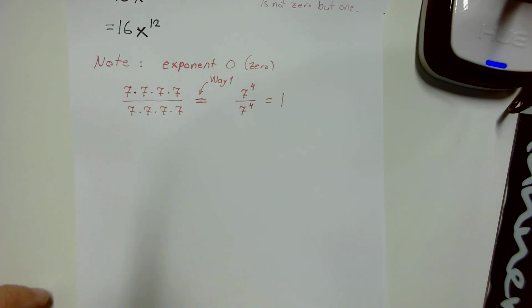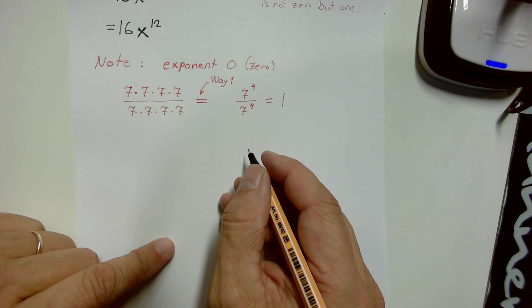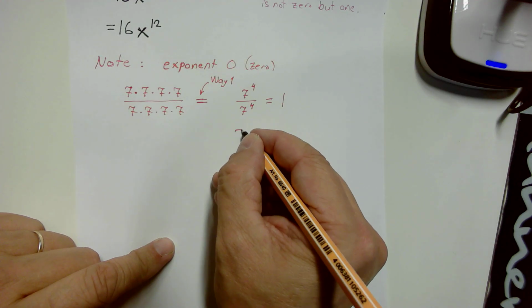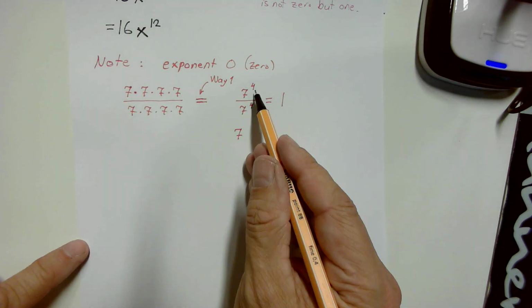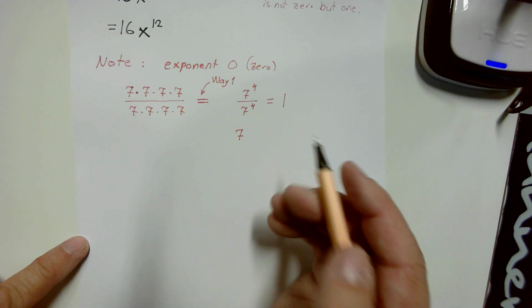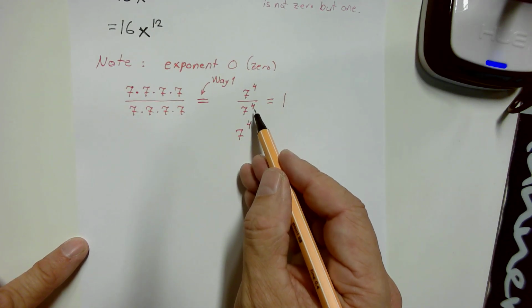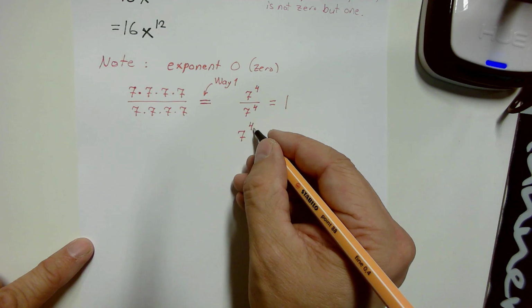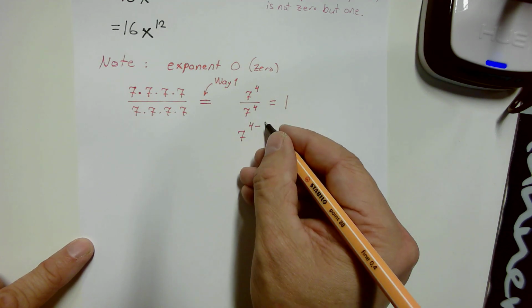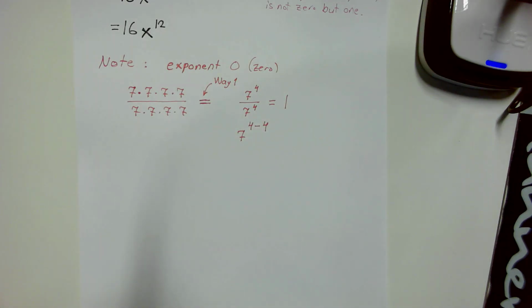But also we may think that we have exponent 4 here, and we have exponent 4 here, and we have a rule in which we may subtract them from each other. We may minus these exponents.